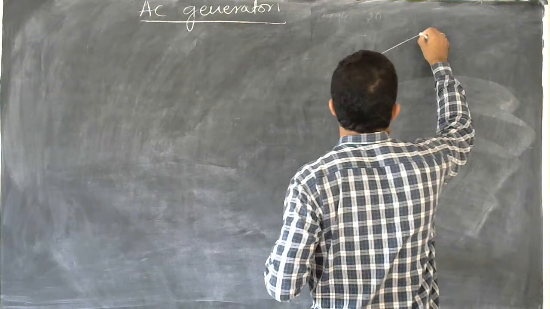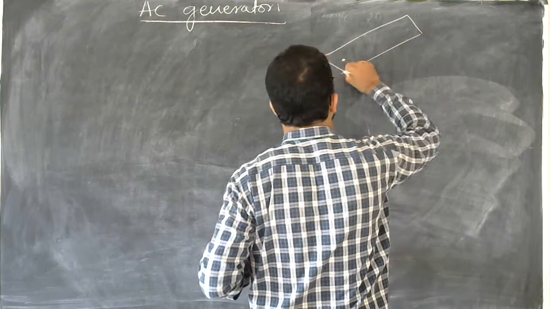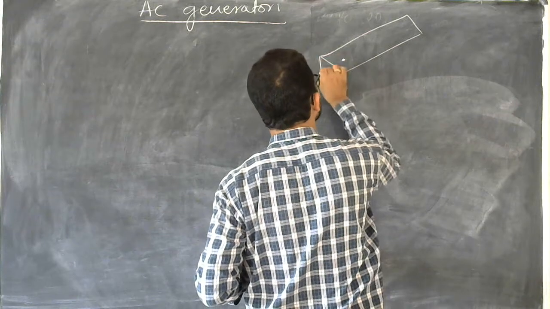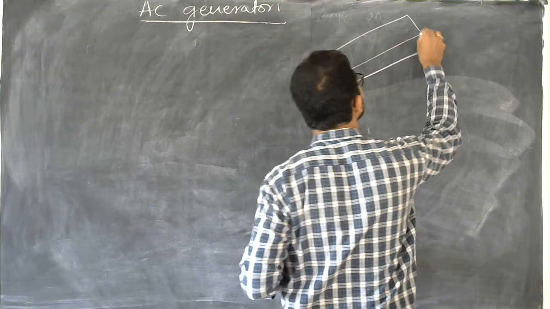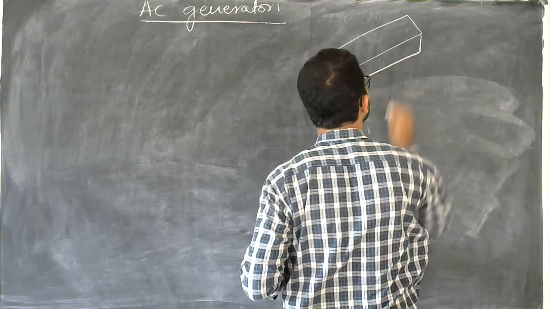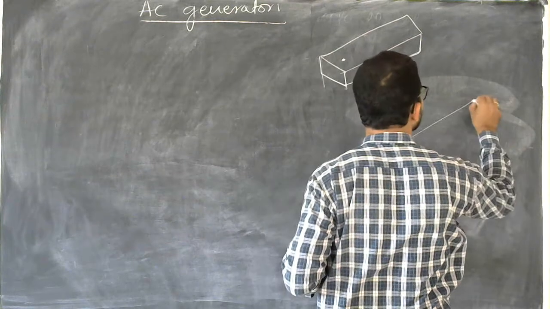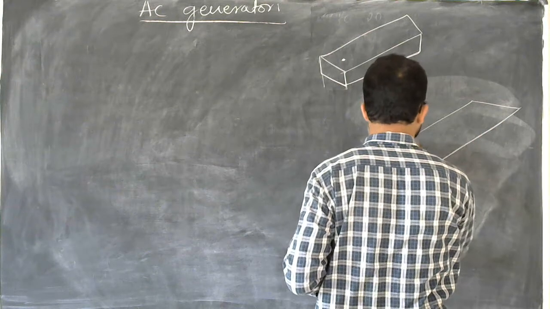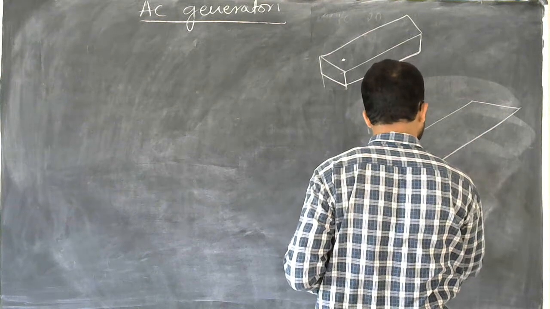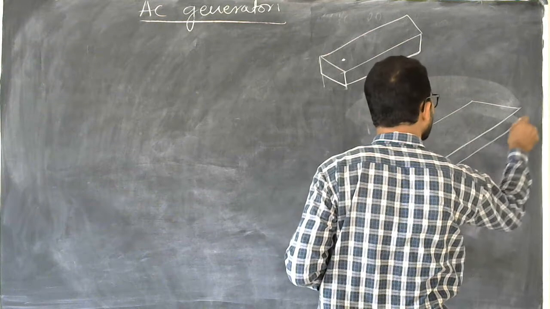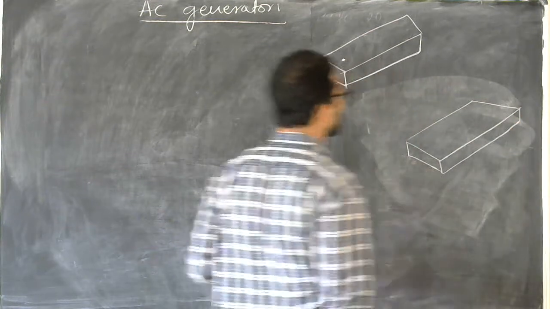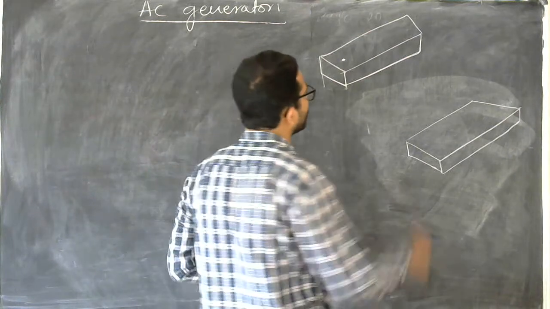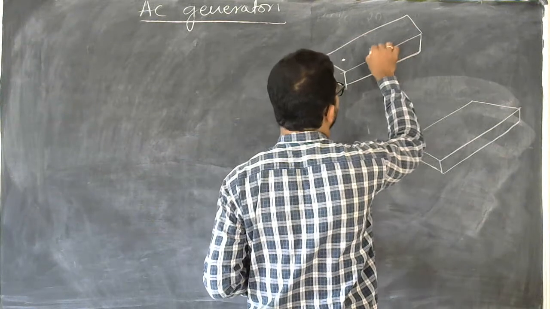So let's take two magnets. Okay, there are two magnets, north and south.